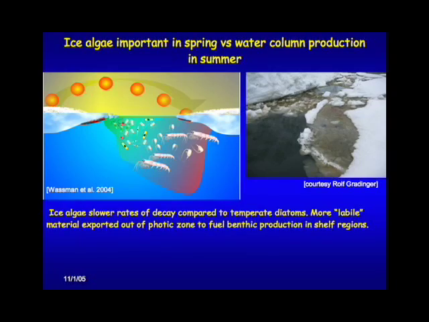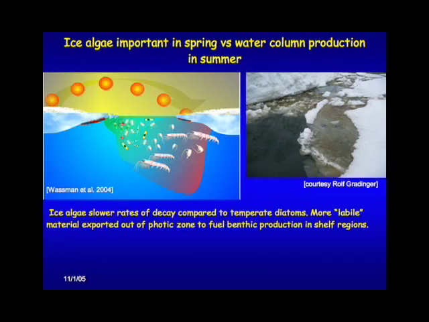Now, a unique situation with respect to the ice edge environment is that near the edge of the ice in the springtime, there's this very enhanced springtime bloom associated with the ice called the ice bloom. And this produces a very rich, nutritious form of phytoplankton, which sinks to the bottom and provides a food source for the benthic community.